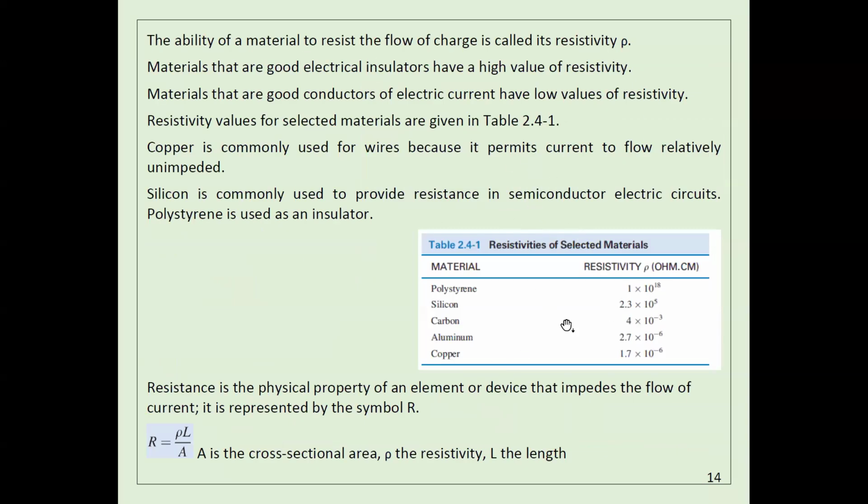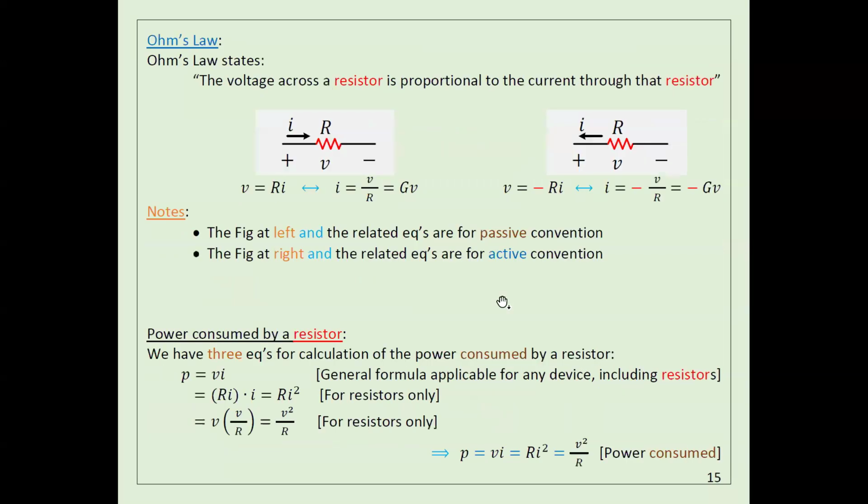Anyway, I told you it's related to the material itself. And then I explained Ohm's law for resistance. Ohm's law gives you the relation between V and I. V here means the voltage drop. And be careful, when I say this is positive and this is negative, it doesn't mean the voltage here is actually positive and the voltage here is negative.